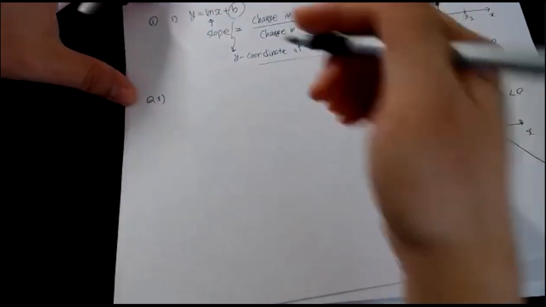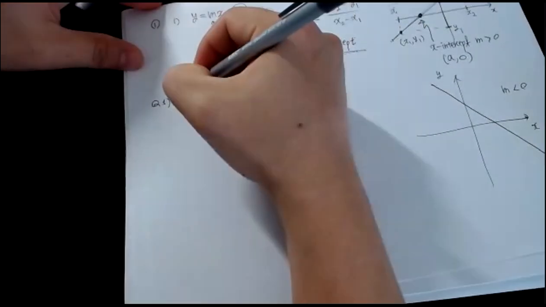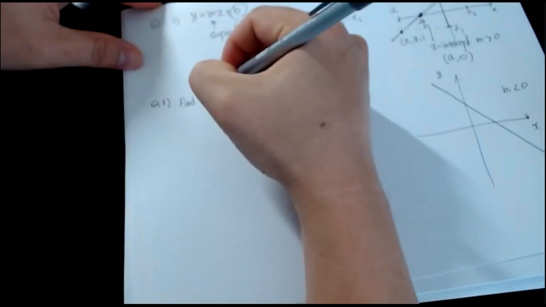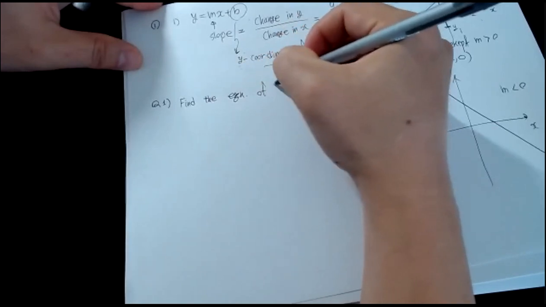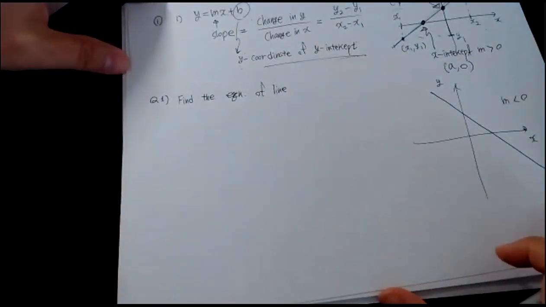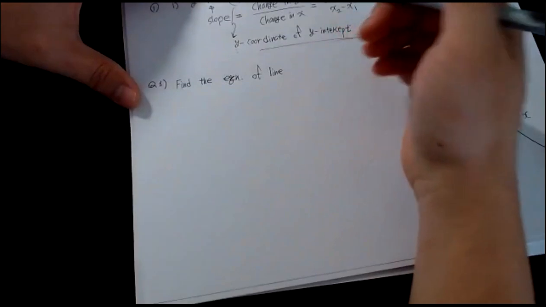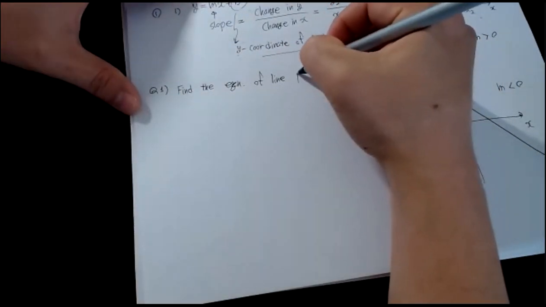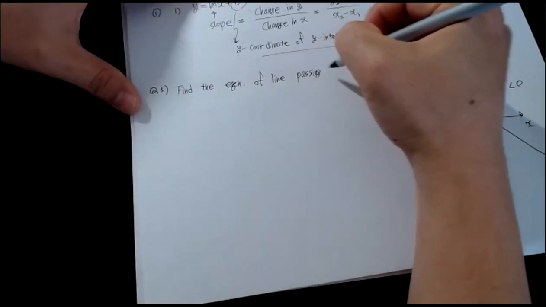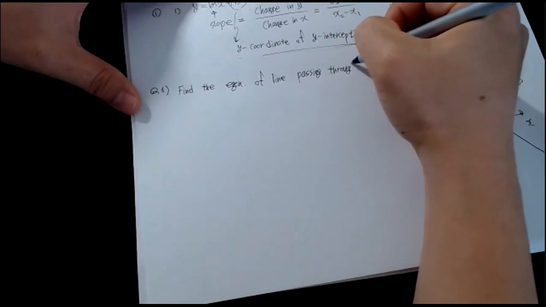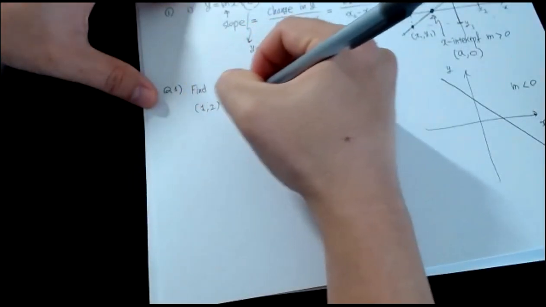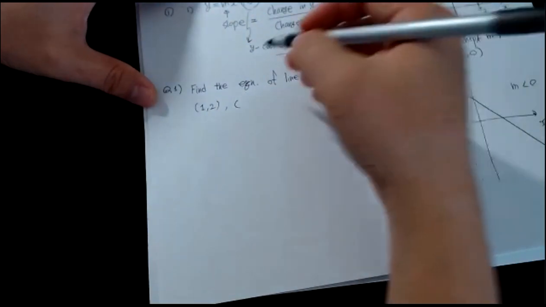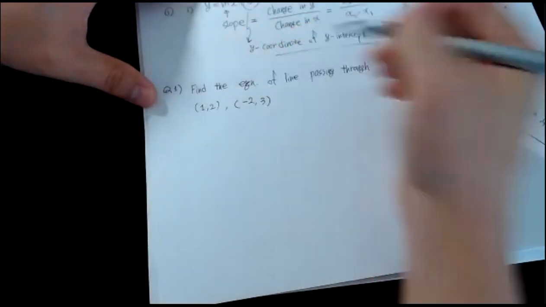Let's see question 1. Find the equation of the line passing through, say, (1, 2) and (-2, 3).